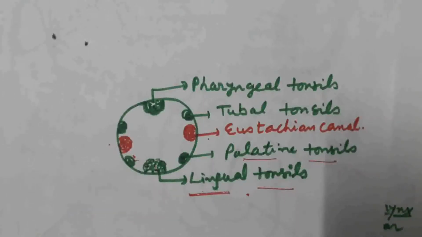In these tonsils or lymphoid organs, there are lymphocyte cells which provide protection from any kind of infection.